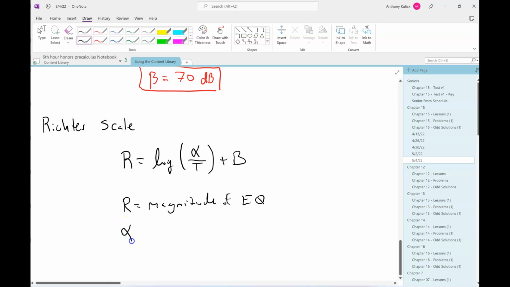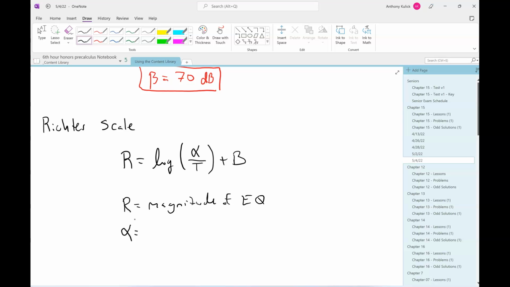When an earthquake happens, what's really happening? So you have the ground at the usual level, and it's kind of going up and down, right? That's kind of how an earthquake works. So we have normal ground level, and the maximum displacement, either up or down, is what we're going to refer to as alpha.